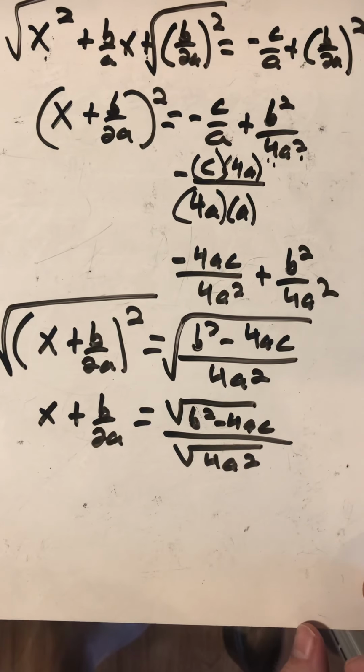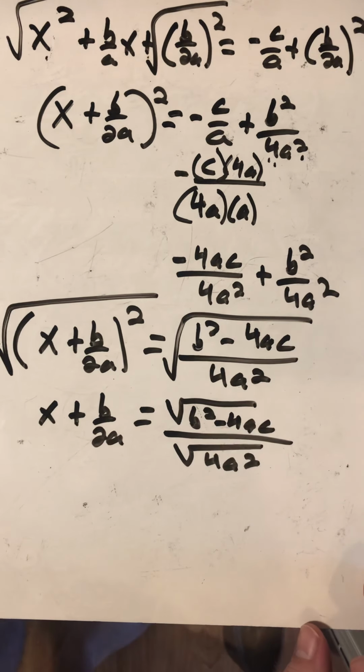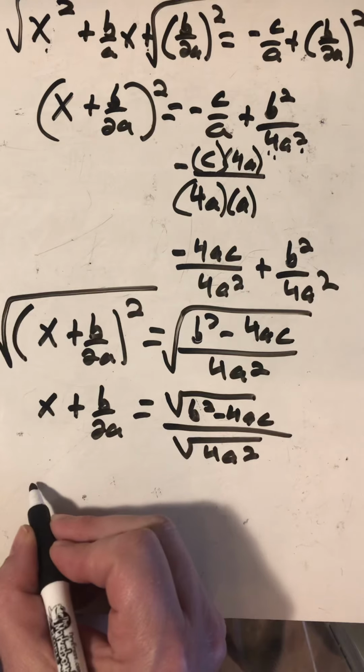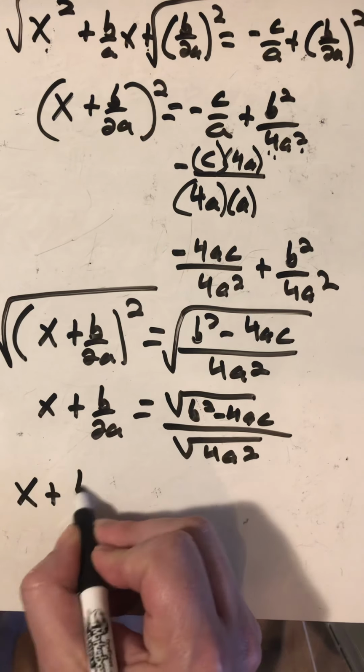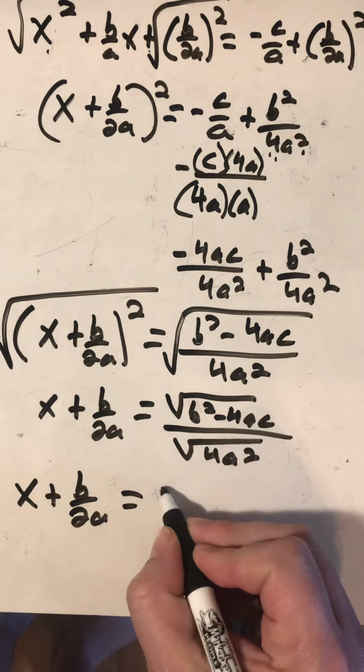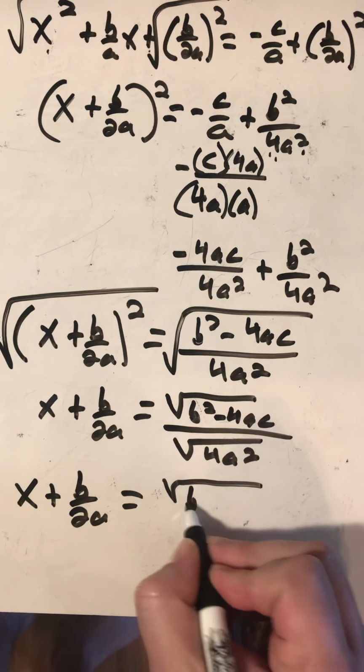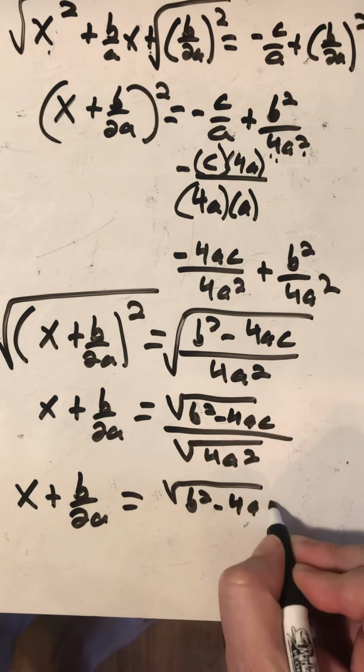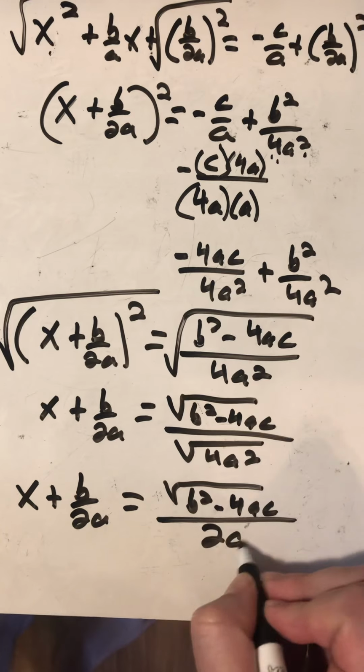Notice that whenever I take the square root of 4a squared, I'm just going to get 2a. So I'm going to bring this down. I'm going to have x plus b over 2a equals the square root of b squared minus 4ac over 2a.